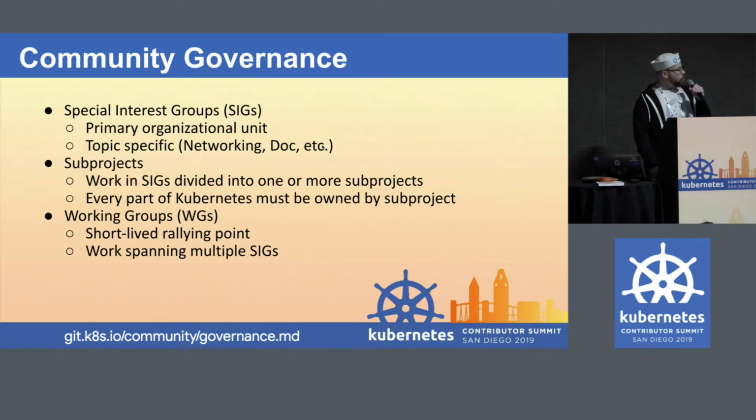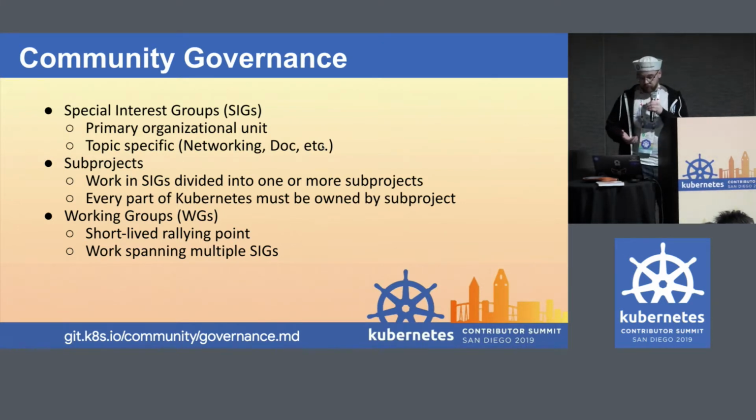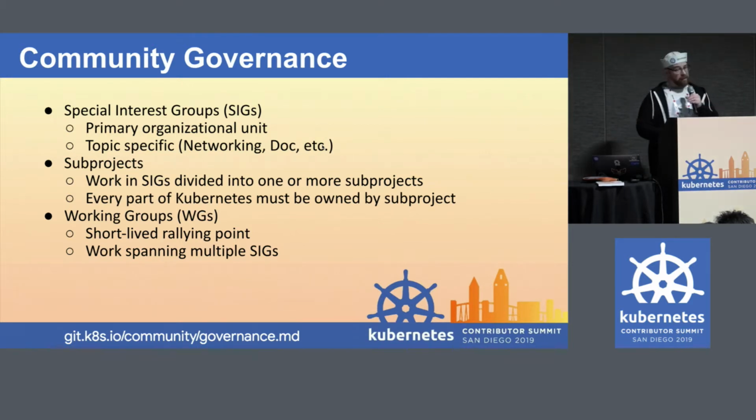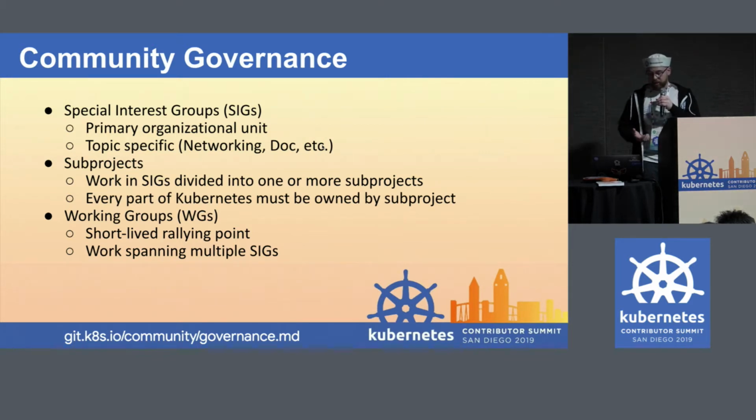So most of the groups in the project are SIGs, and they serve as our primary org unit. The others are largely there to support them in the work that they do. SIGs themselves can be quite large, so they divide the work within their group into what's known as sub-projects.